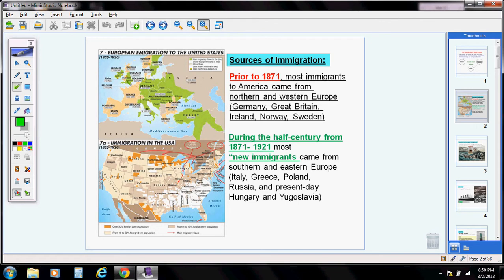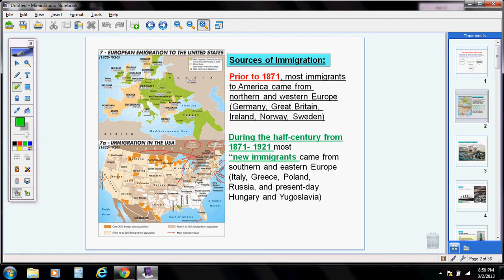However, at the turn of the 20th century, from 1871 to approximately 1921, the era in question right now, most of the new immigrants are coming from new sources of Europe, such as Southern and Eastern Europe, such as Italy and Greece and Poland, Russia, present-day Yugoslavia and Hungary. These are new sources of immigration, and of course the map shows in the orange areas over 30% foreign-born.